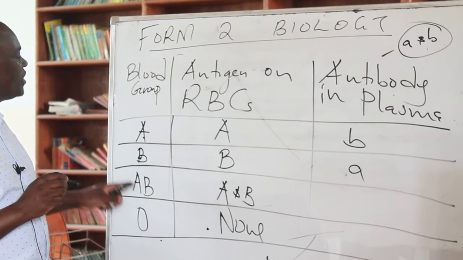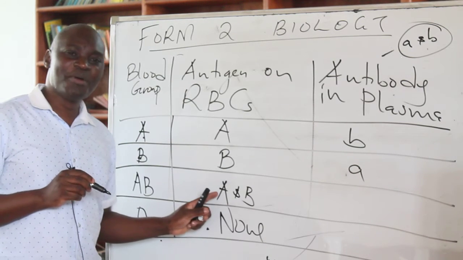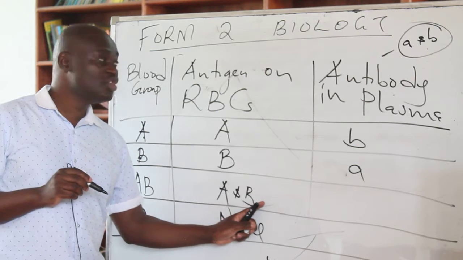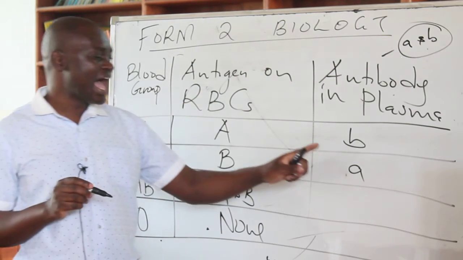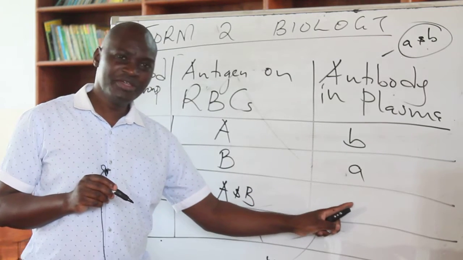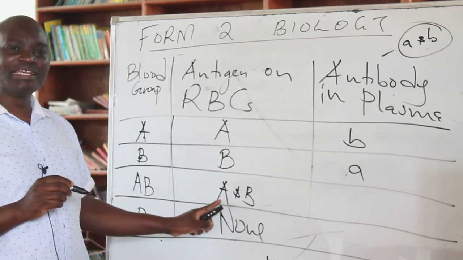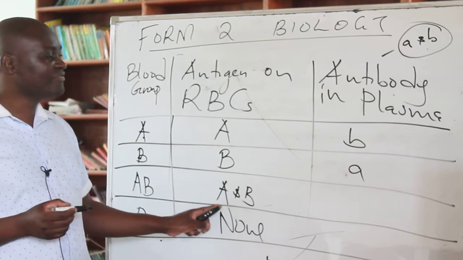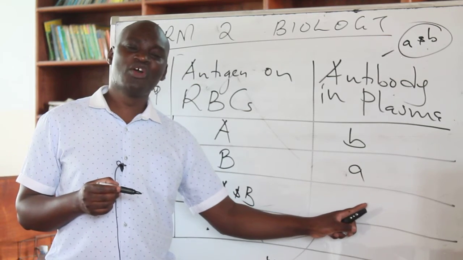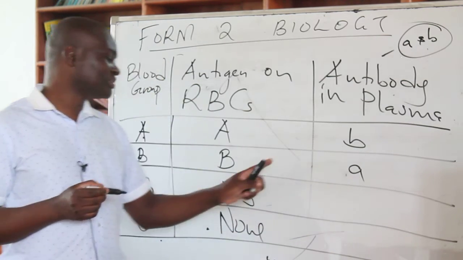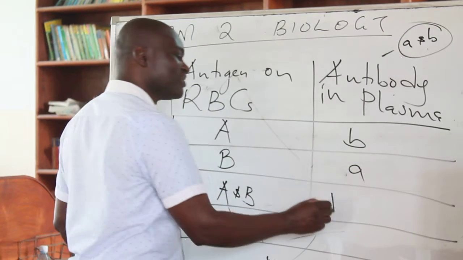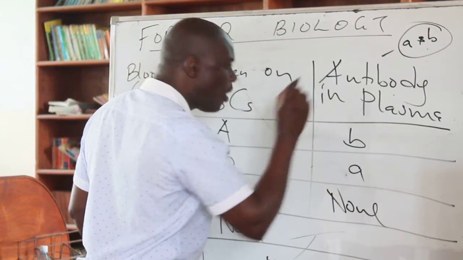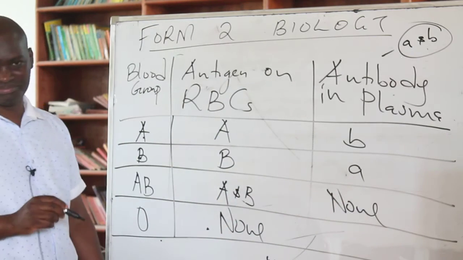An individual with both antigen A and B on the red blood cells cannot have antibody A, because A will correspond to antigen A, and cannot have antibody B because B will correspond to antigen B. Such an individual will have no antibodies at all.